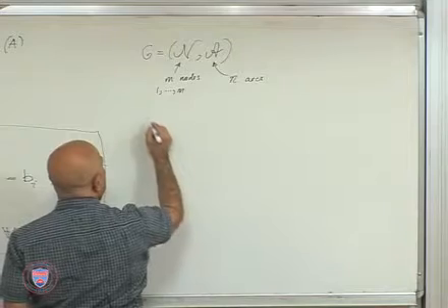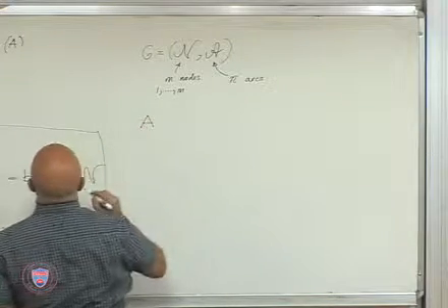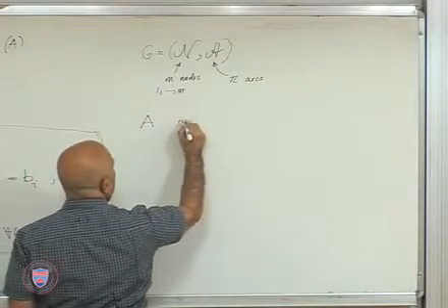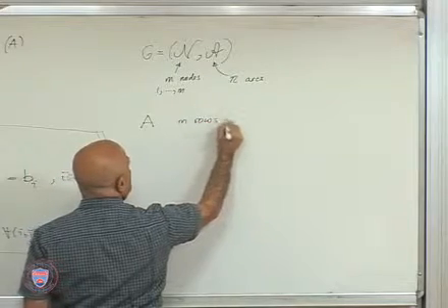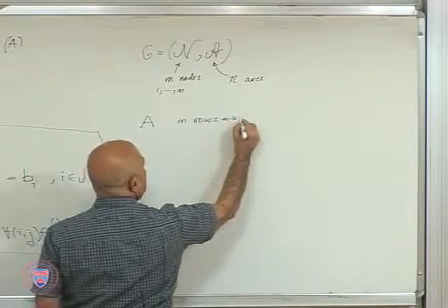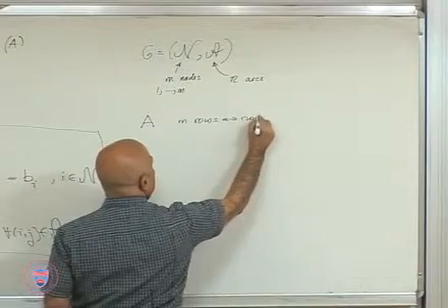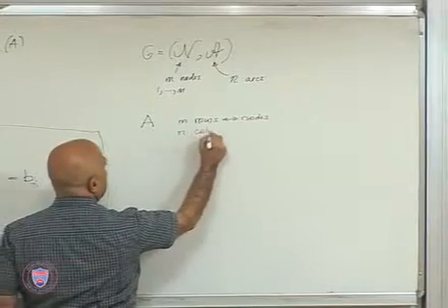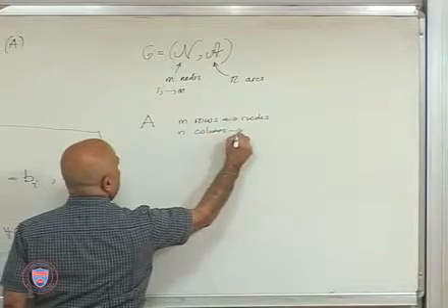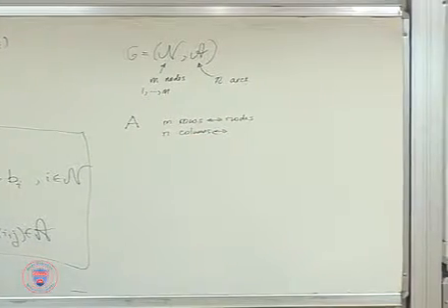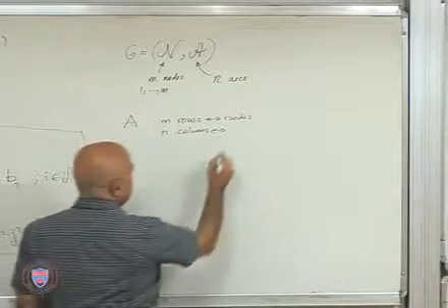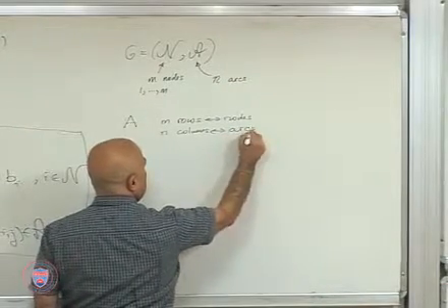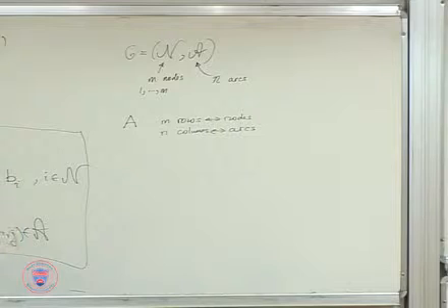So my A matrix, the node arc incidence matrix A, has M rows, each associated with nodes, and it has N columns. Each column is associated with a particular arc, or with an xij variable. Xij variables are the flow variables in the arcs. Okay?